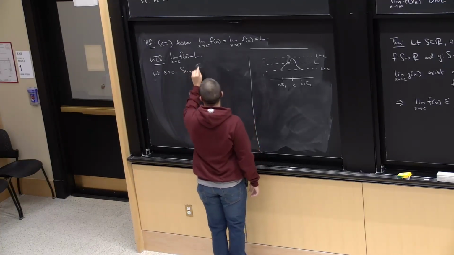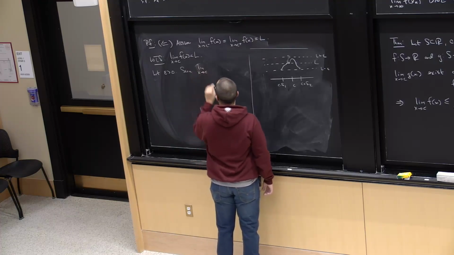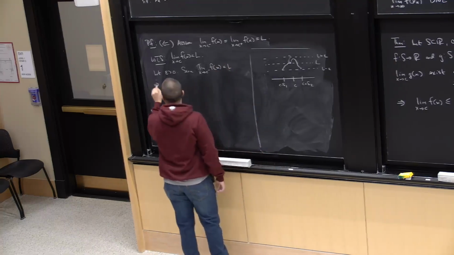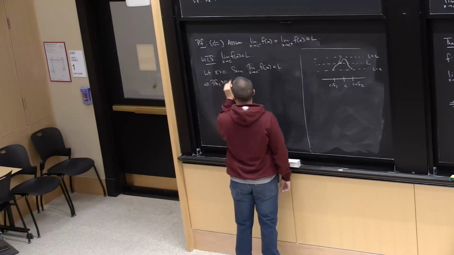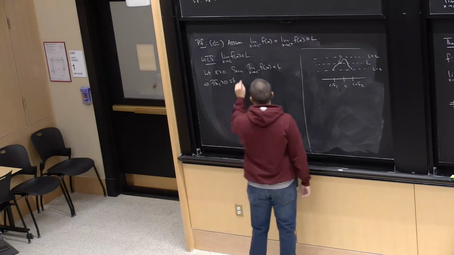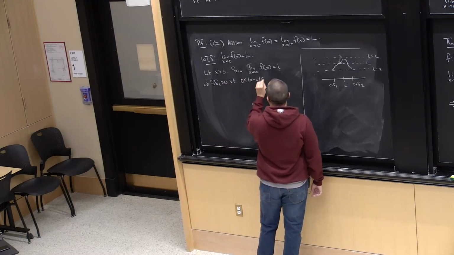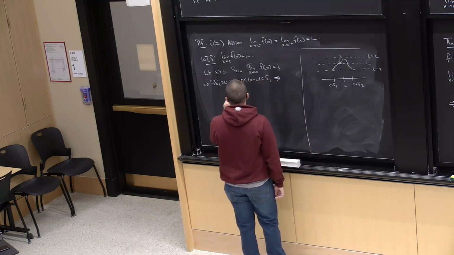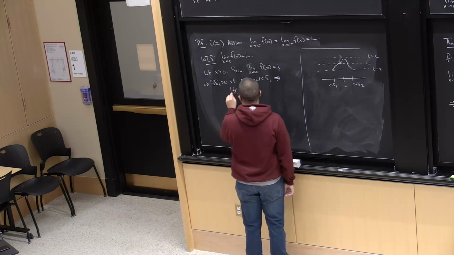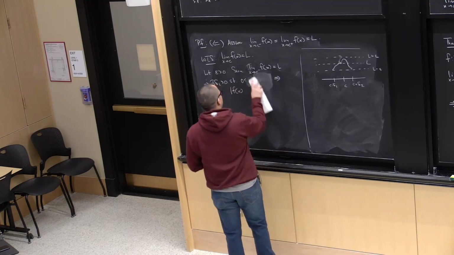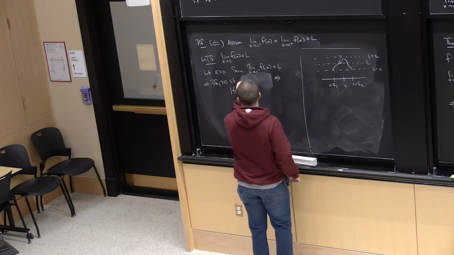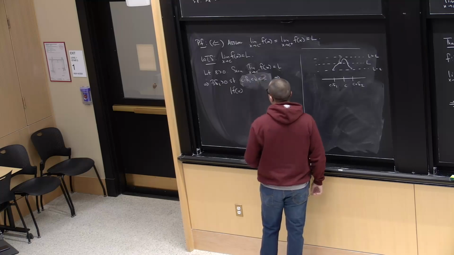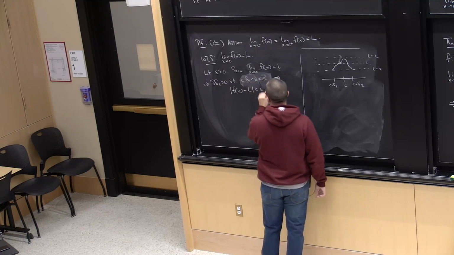So let epsilon be positive. Since the limit as x goes to C minus of f of x equals L, this implies there exists delta 1 positive such that if C minus delta 1 is less than x is less than C, this implies that the absolute value of f of x minus L is less than epsilon.